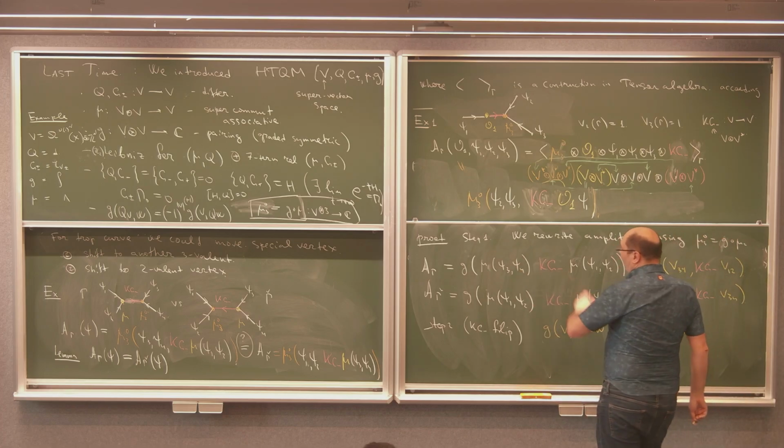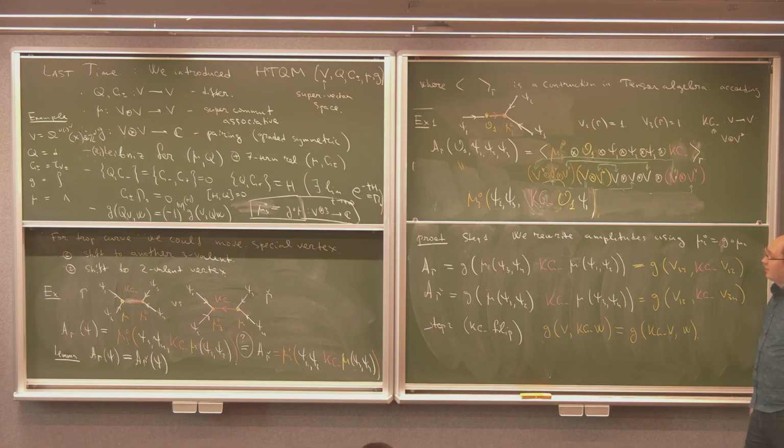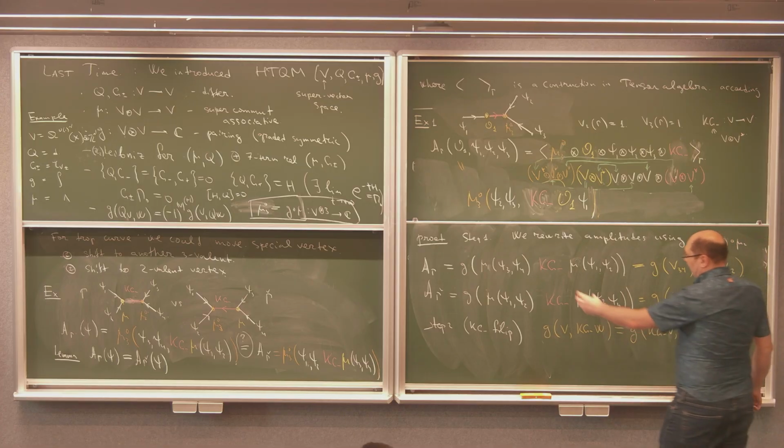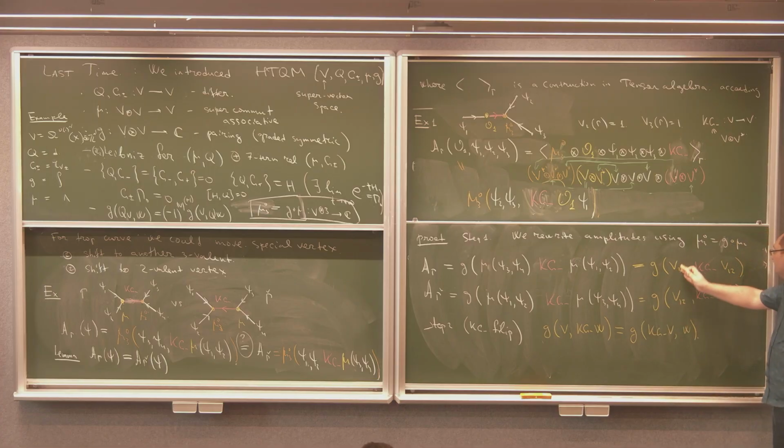So in step 1, we rewrote our amplitude as some kind of pairing with kg minus, as similar pairings, but with kg minus acting on different arguments.